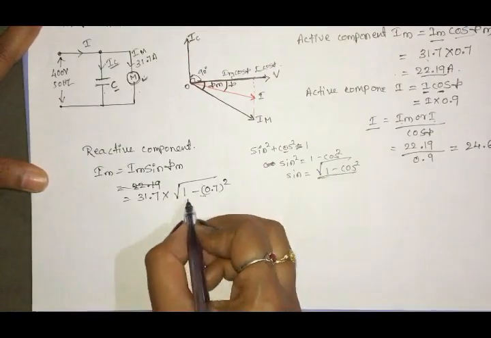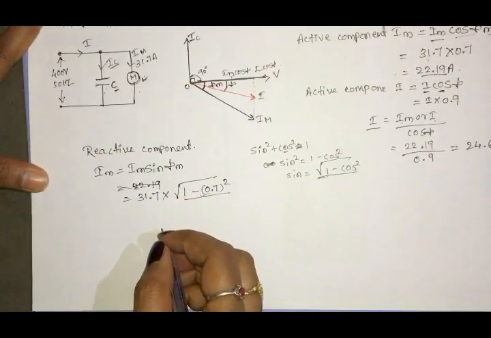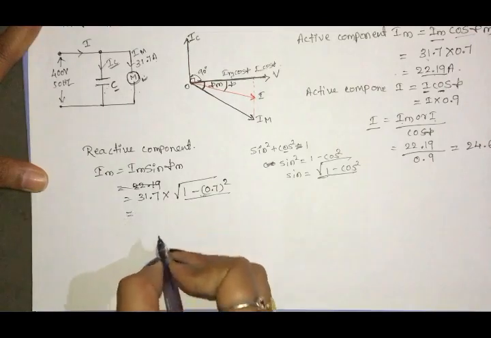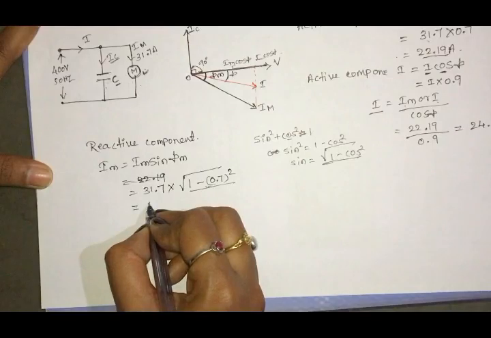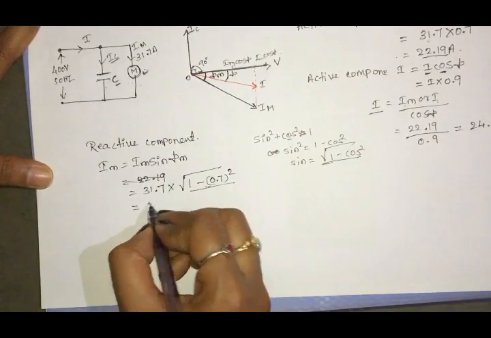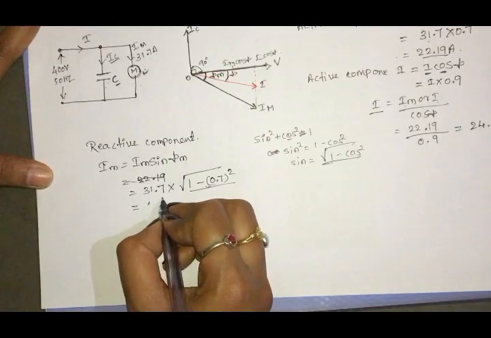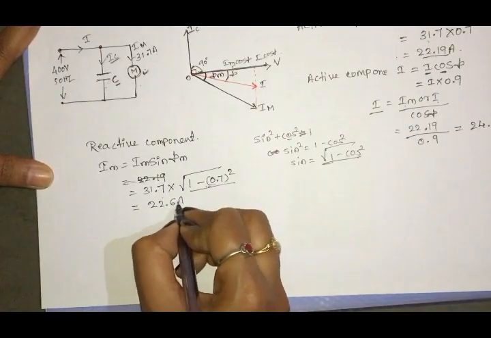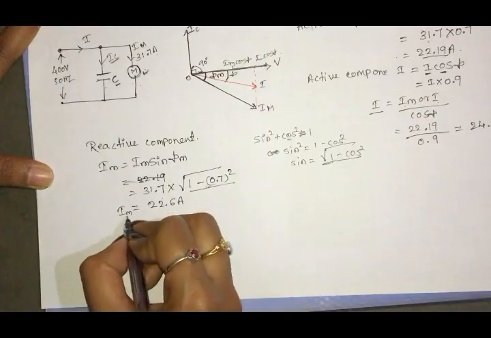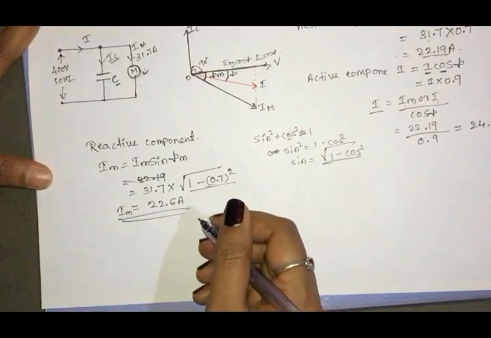The same thing I have written here. So after calculating this, how much reactive component do we get for the motor? We get 31.7 into this, 22.6 amperes. This is the reactive component for the motor.